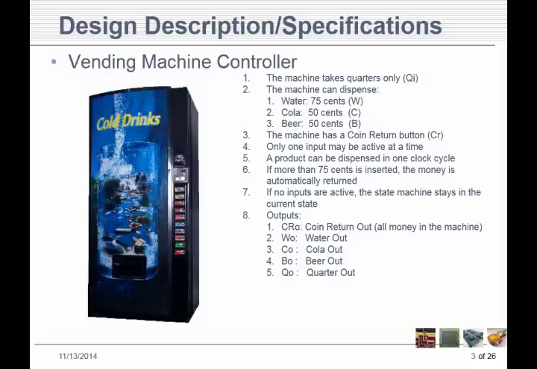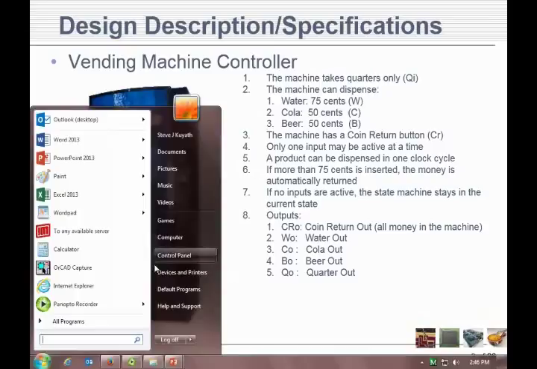Sometimes I think it would take more than one clock cycle, but there you go. If more than 75 cents, more than the most expensive item, is inserted, the money is automatically returned. What I mean by that is that extra quarter is automatically returned.